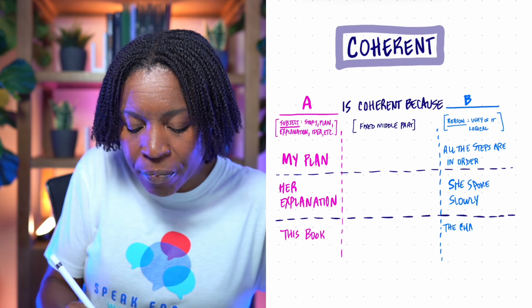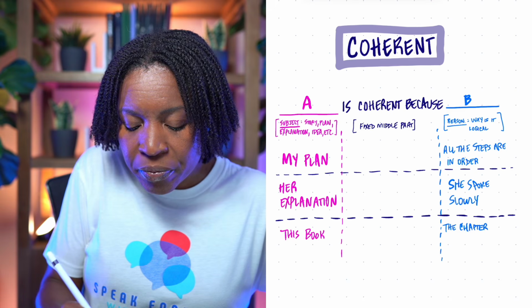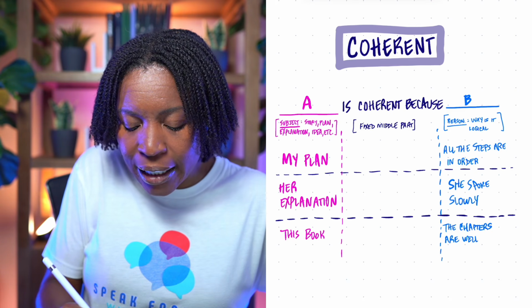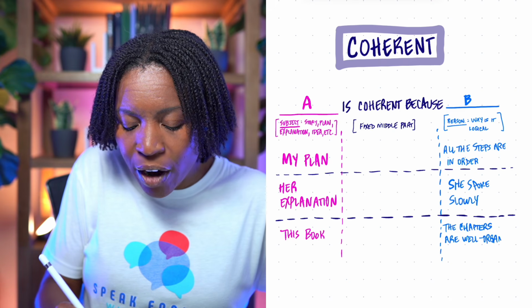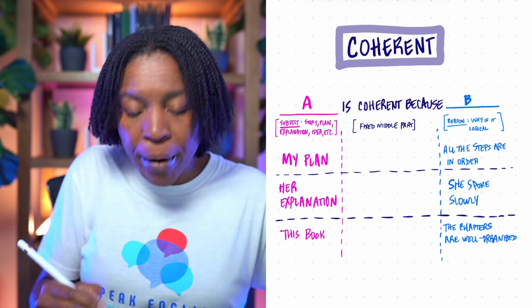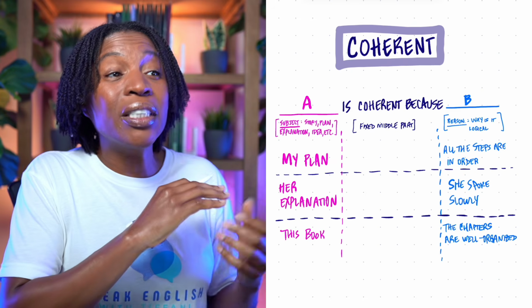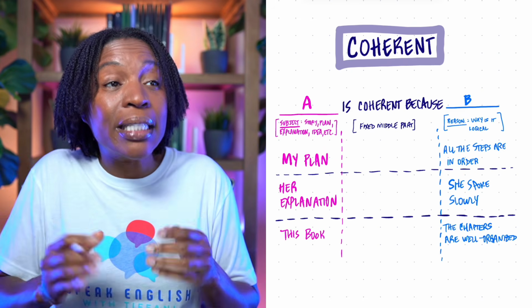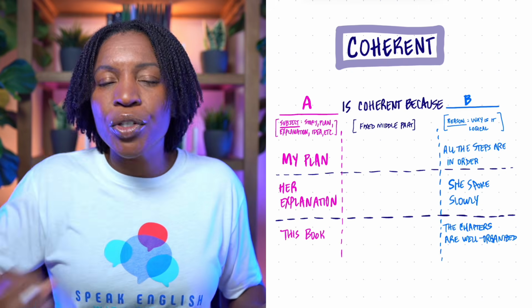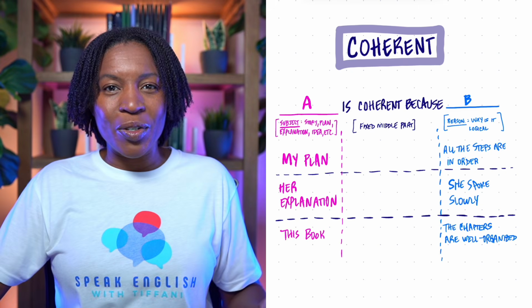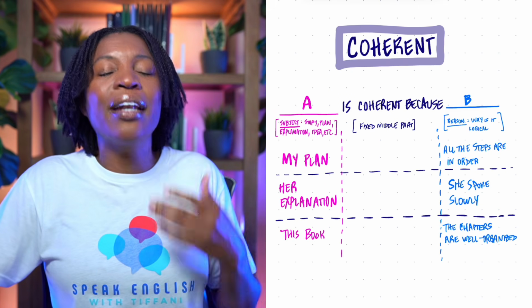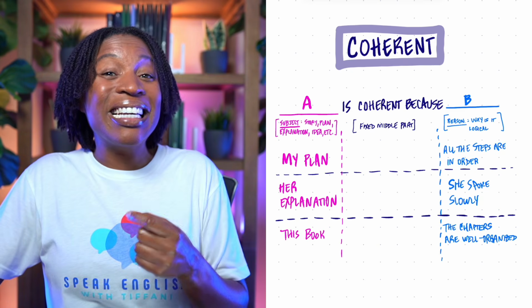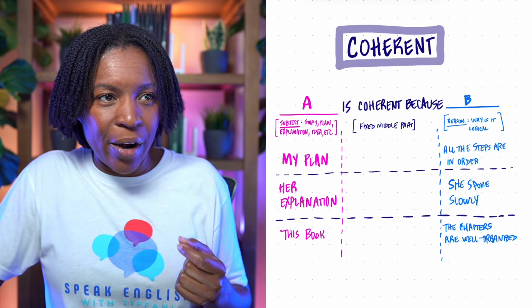All right, so again, we have our reason for the subject. So now our third sentence will read like this: This book is coherent because the chapters are well organized. Makes sense, right? We understand, okay, using this simple sentence structure, we can make sentences for the word coherent.